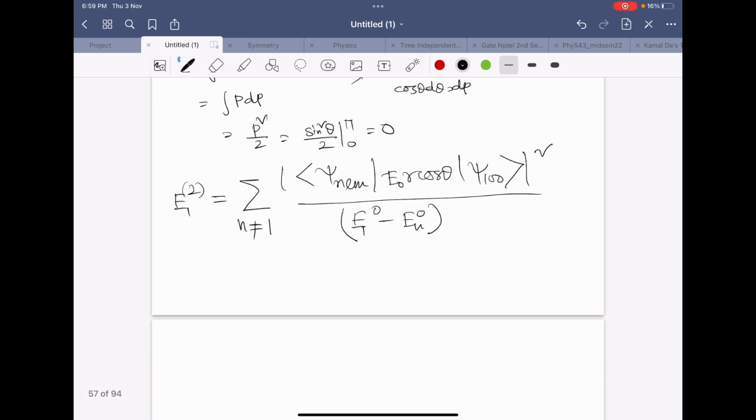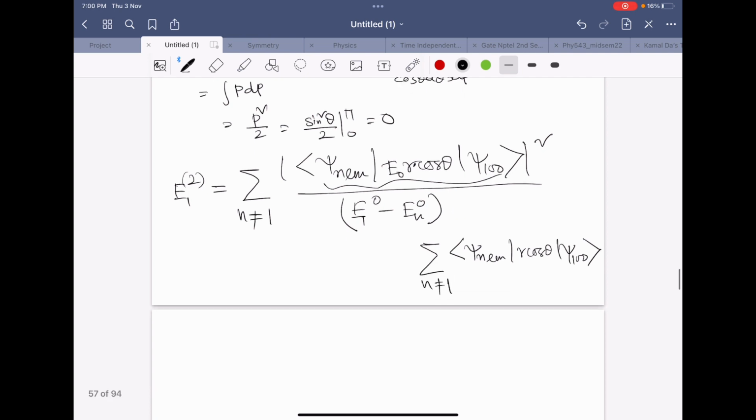Now you can see that this value is not 0, if you do this explicitly, the matrix element of psi n l m, r cos theta, psi 100. Since it depends on n not equal to 1, n can be 2, 3, 4, anything.